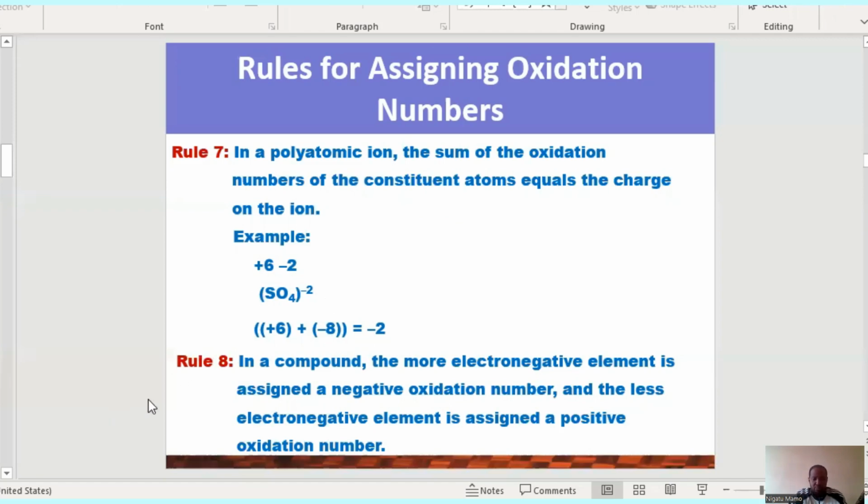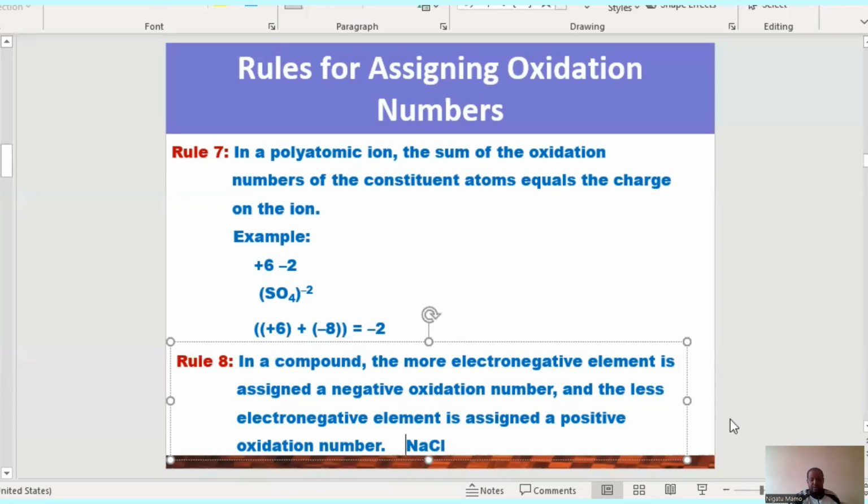Rule number 8: in a compound, the more electronegative element is assigned a negative oxidation number, and the less electronegative element is assigned a positive oxidation number. For example, the oxidation numbers of sodium and chlorine in NaCl.